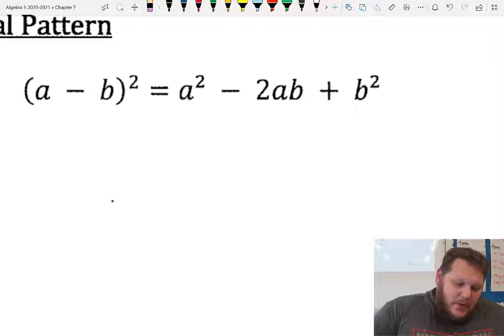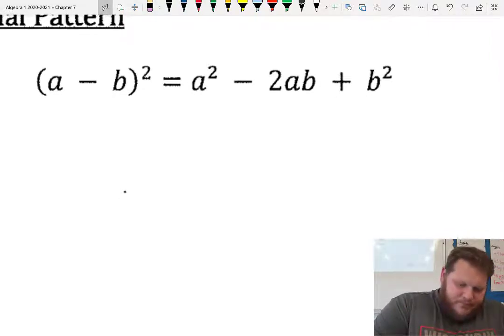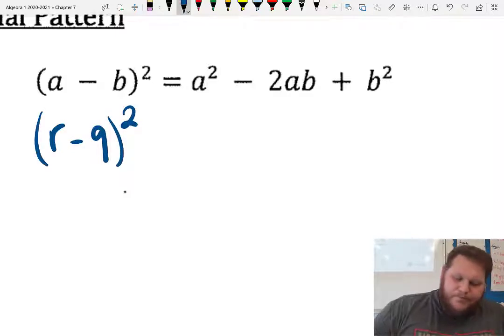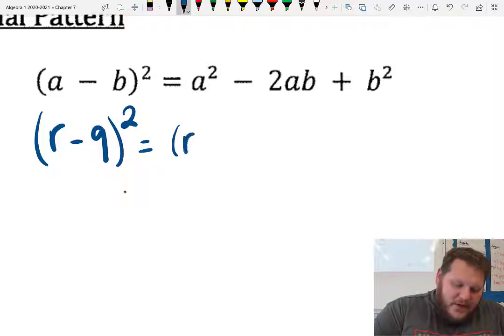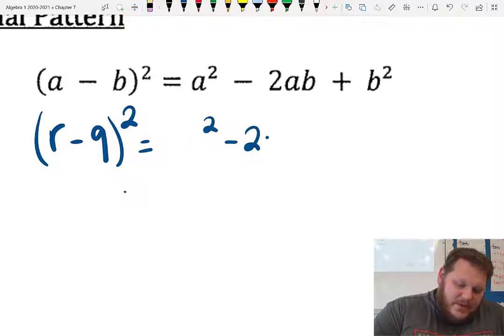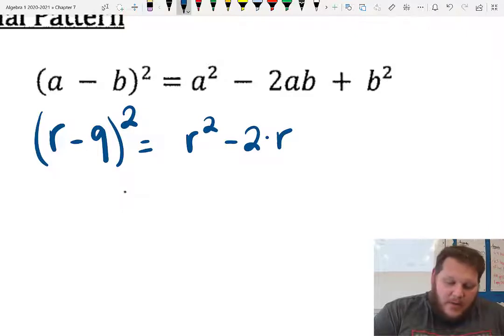So if we wanted to write out some examples of what this might look like, let's just start with this one. If we had, I don't know, r minus 9 squared, the way I would do this: a squared means my first term squared, so r squared, minus 2 times, I'm going to get rid of these parentheses here, 2 times a, my first term, which is r, times b, my second thing, 9, plus 9 squared.